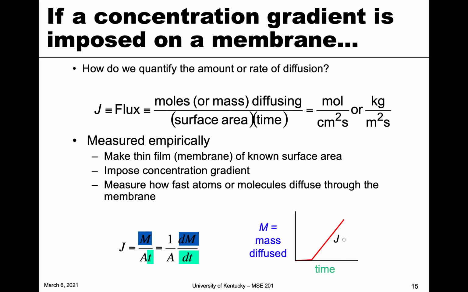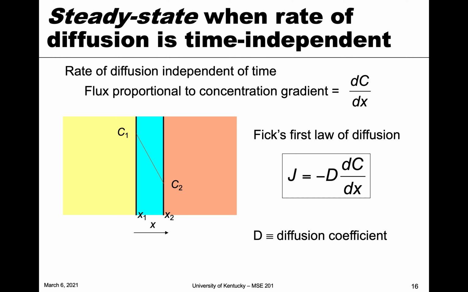And so the idea with this experiment is that, again, in this case, we're talking about steady state diffusion. So what we mean by that is the steady state means the rate is time independent. It doesn't change with time.